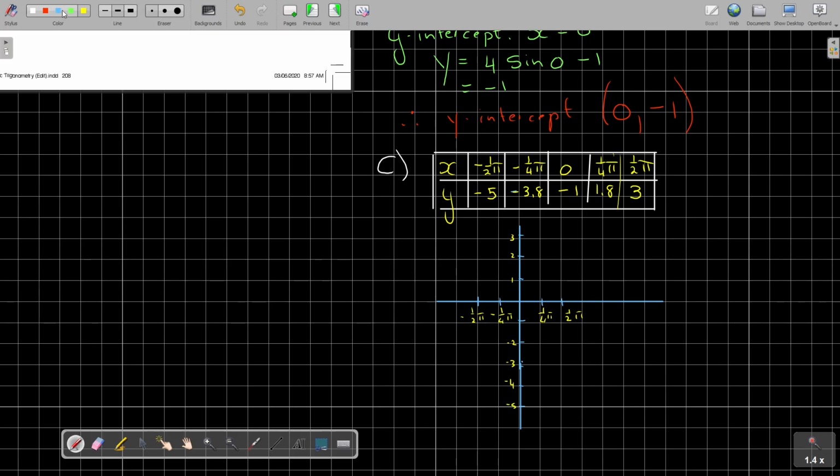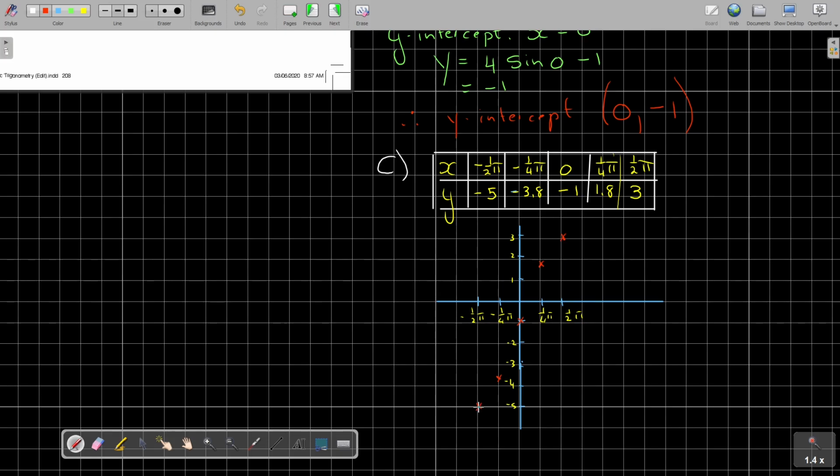Okay, now I used yellow, so now I used another color for my grid. Okay, so there it is. Negative 3.8, so let's say approximately there. And then 0 and negative 1, approximately there. And then a quarter pi and 1.8. And then a half pi and 3.